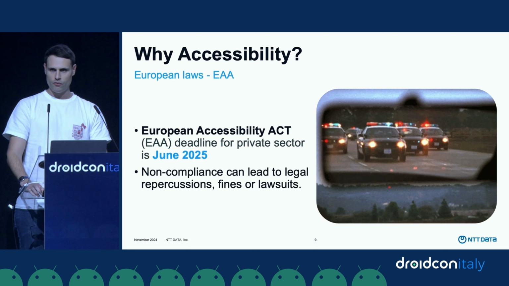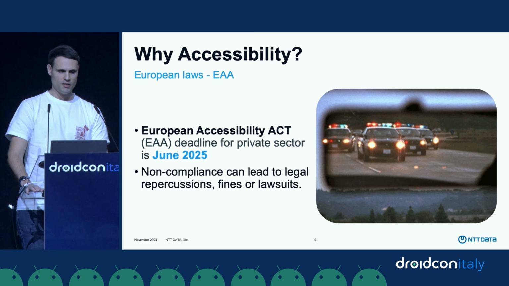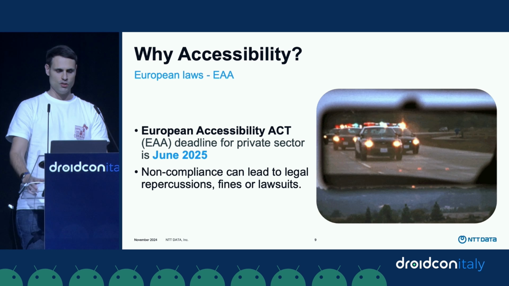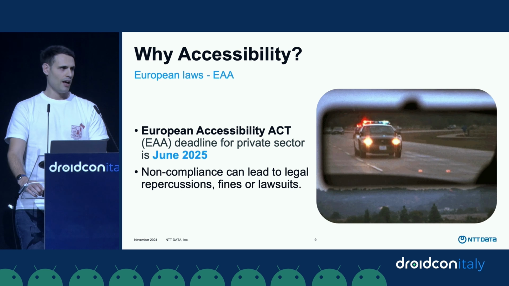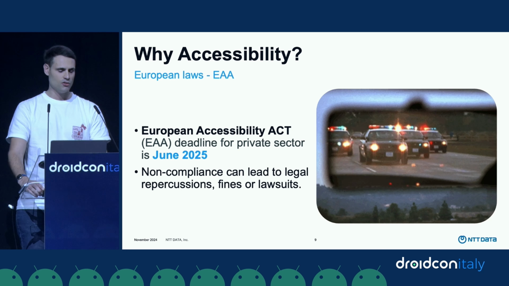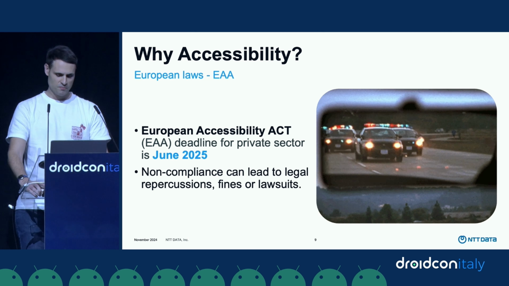And speaking of the European Accessibility Act, I just want to dive in a little bit. The deadline for the private sector is June 2025, and non-compliance with the European Accessibility Act can lead to legal repercussions, fines, and also lawsuits.